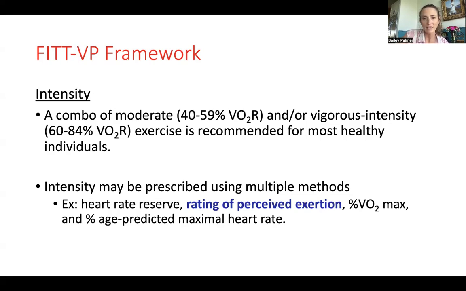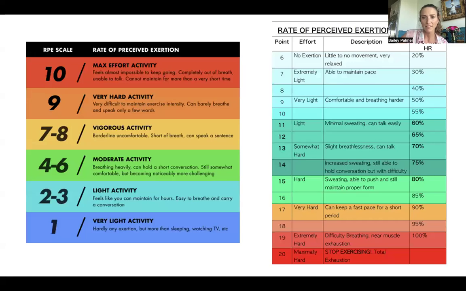This is RPE. We would do this by looking at these two charts here. The one on the left has 1 at the bottom and 10 at the top, which is very simple: 1 through 10, very light activity to max effort activity. But what's used in the exercise science and kinesiology field is the one on the right side, the 6 to 20, called the Borg scale.